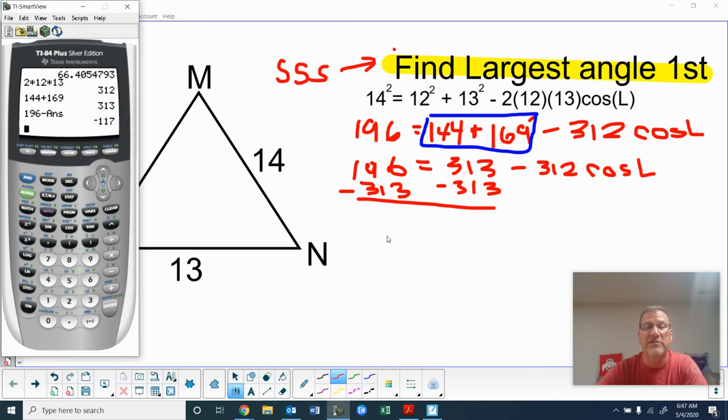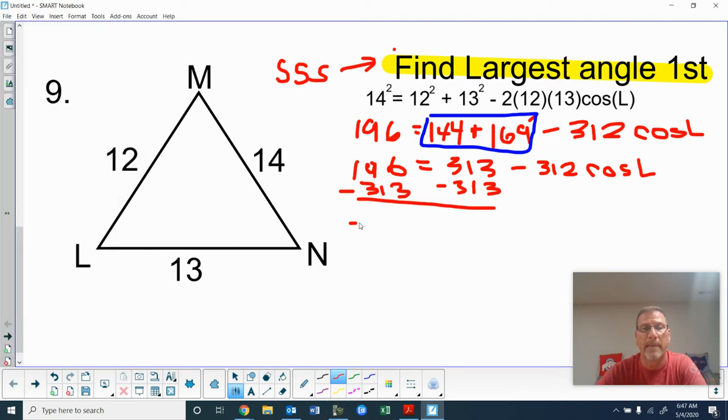And I get negative 117. Now I can divide by the negative 312 to move it to the other side. You guys know how to solve equations, but sometimes we get in a hurry in this situation. So take your time.